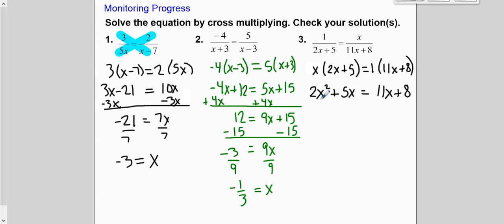All right, let's get everything on one side, 0 on the other. We need standard form. So I want a 0 on this side. I subtract 11x on this side, I've got to subtract 11x on this side.